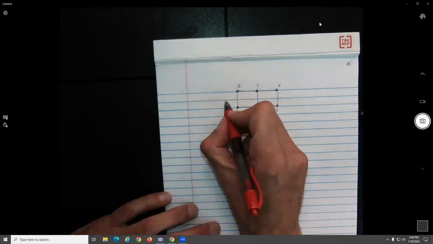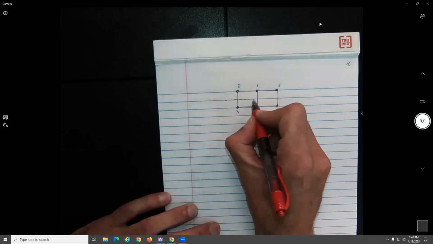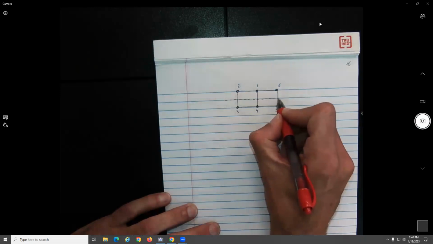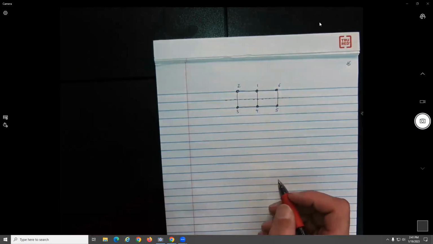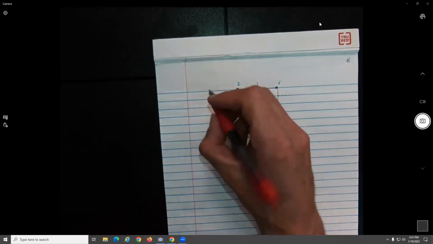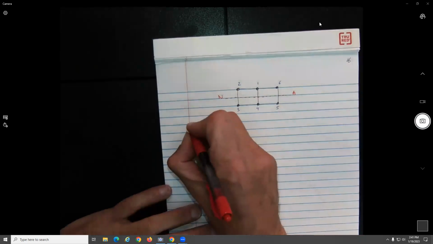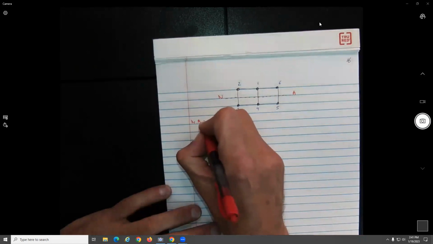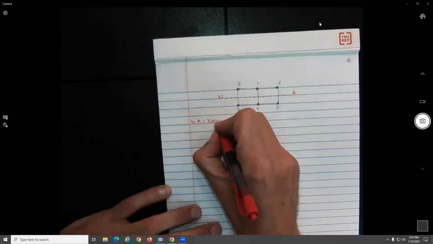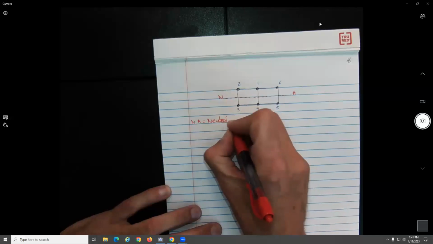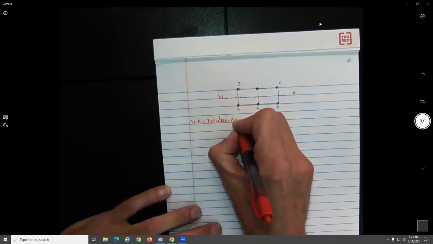What is the name of this line over here that goes through the center? This is symmetric. In structures, it has a different name. Perfect, a neutral axis. What is the definition of the neutral axis, or what happens at the neutral axis? Correct. The bending stress is zero, no?